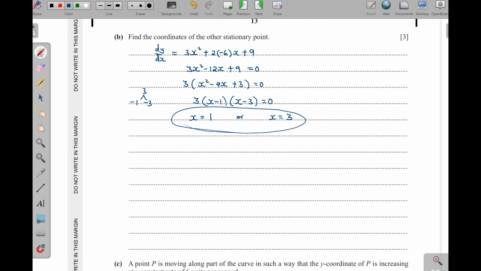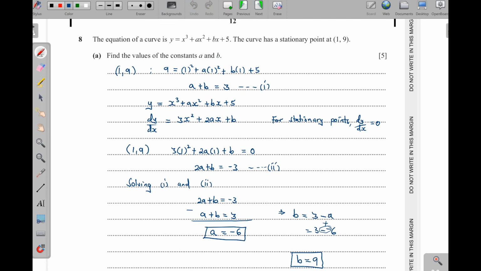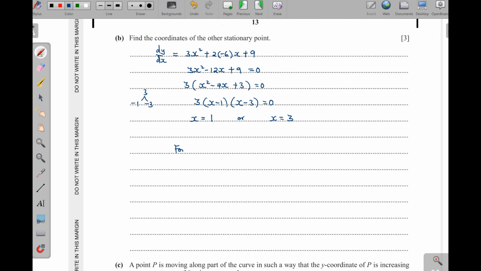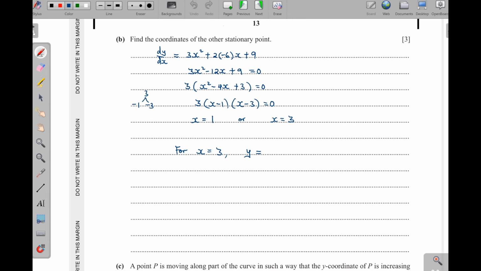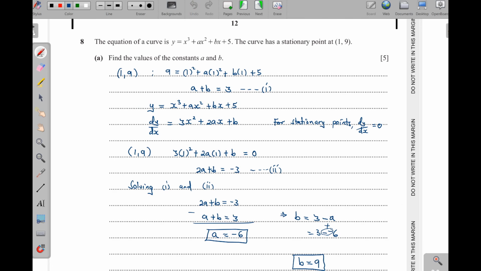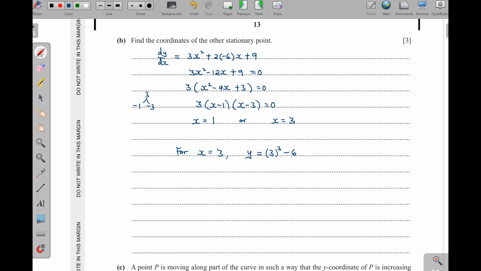Now, for these two x coordinates we have gotten, we need to pick one. When you check this one here, the x coordinate we can see is 1. That means we are going to consider 3, okay? So we shall say for x equal to 3, then y is going to be, this is x cubed, so that will be 3 cubed, and then we have ax squared, and our a is -6, so -6 times 3 squared, then it is plus bx, so plus our b is 9, then x here, and then plus 5.